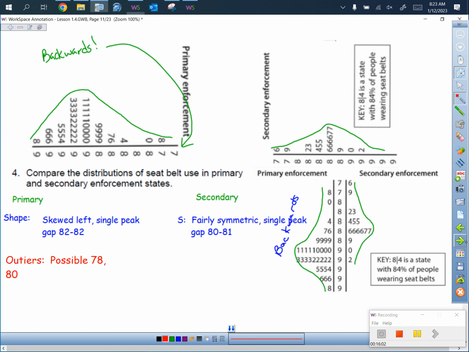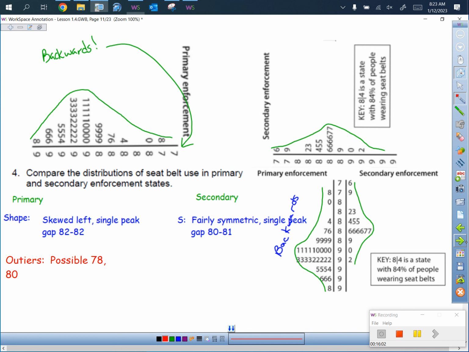It's possible, 78 and 80. I would also probably accept that you're like, I don't really think that is an outlier, Mr. Fonistil. It doesn't seem like it's that far out. At this stage of the game where you don't know how to mathematically compute it, I'm cool with that.